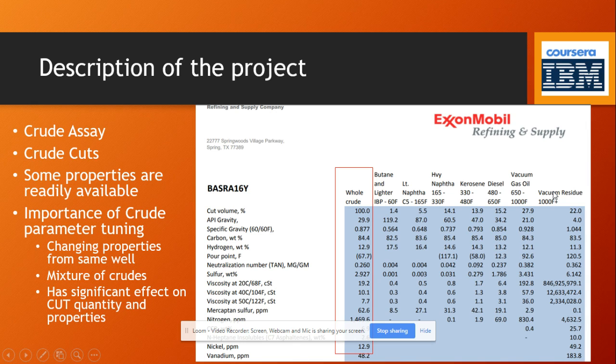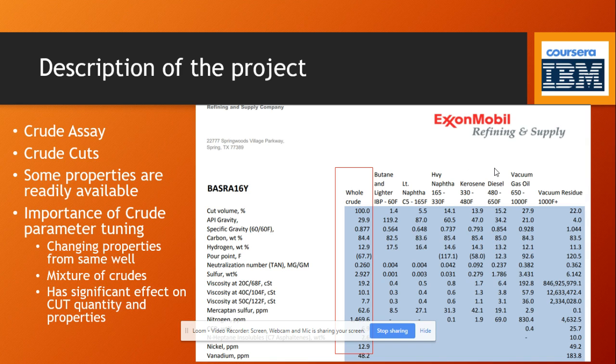So the first cut out here, which is the lightest one, probably this will be the LPG, liquefied petroleum gas. The second cut probably will be petrol, and so on. So as a refiner, my interest will be to maximize the production of that cut which has the greatest market value.